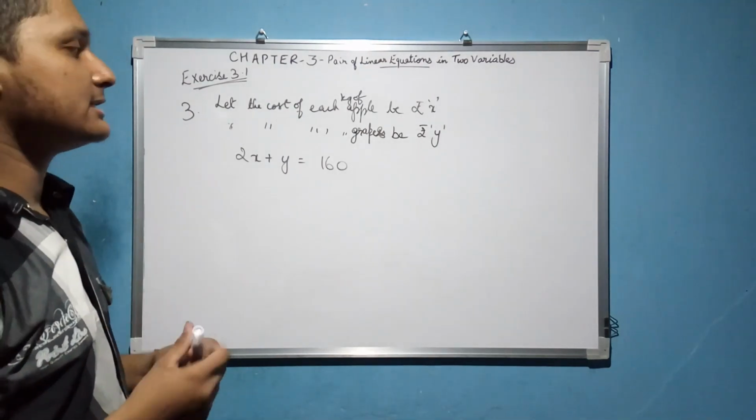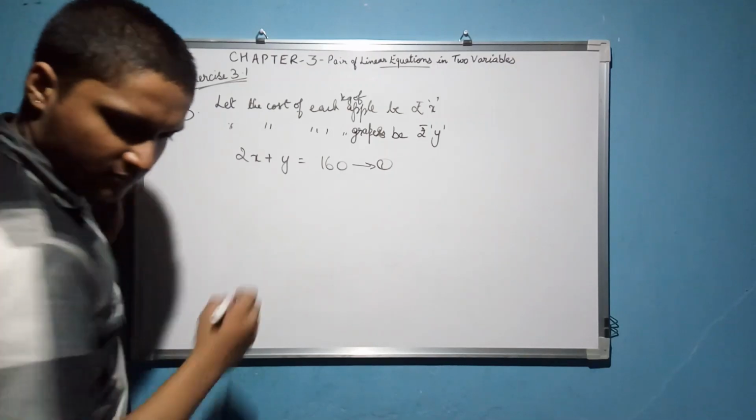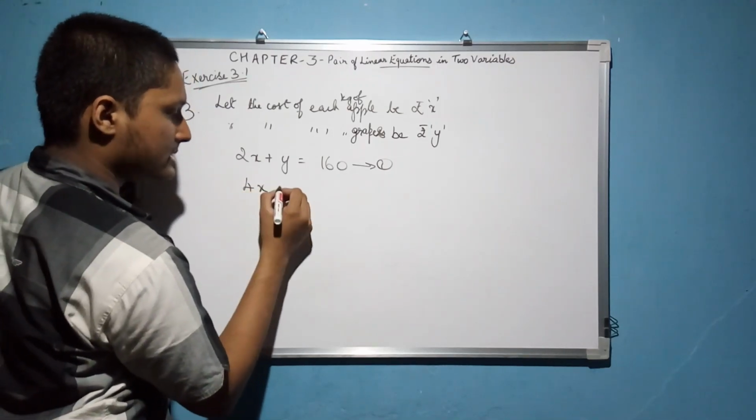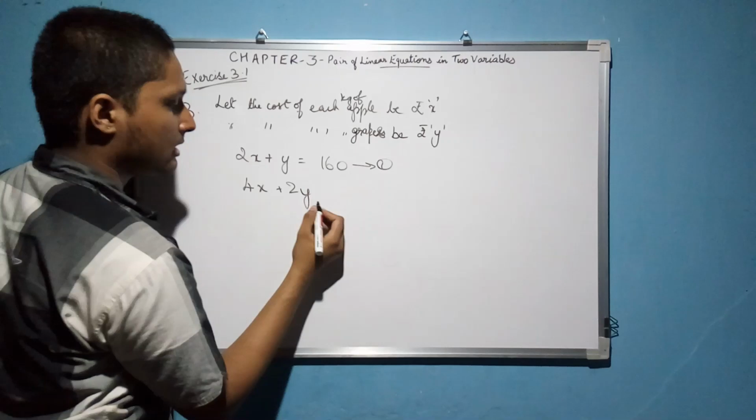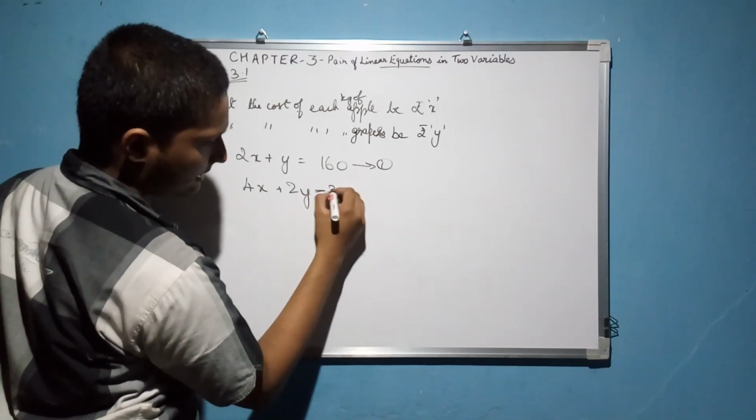So 2x plus y is equal to 160 is the first one. The second one is given, 4 kg of apples and 2 kg of grapes is 300.